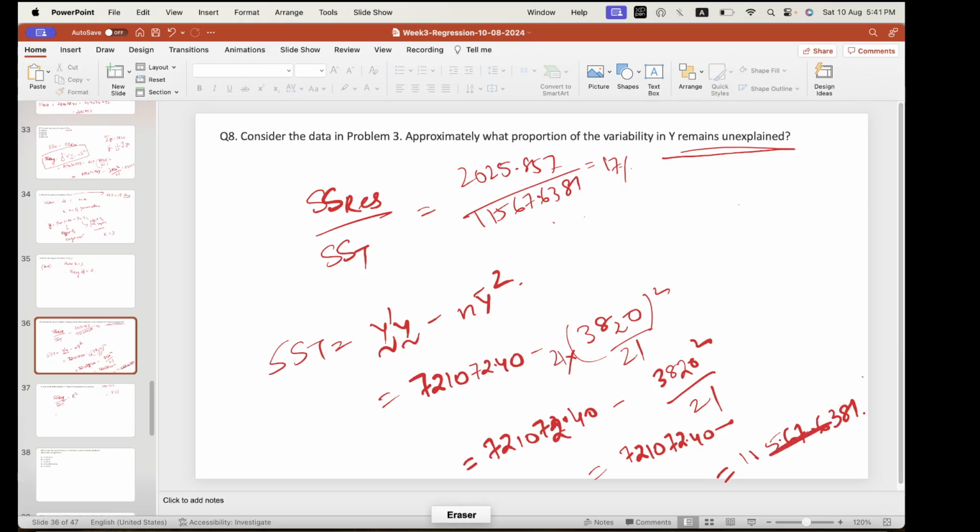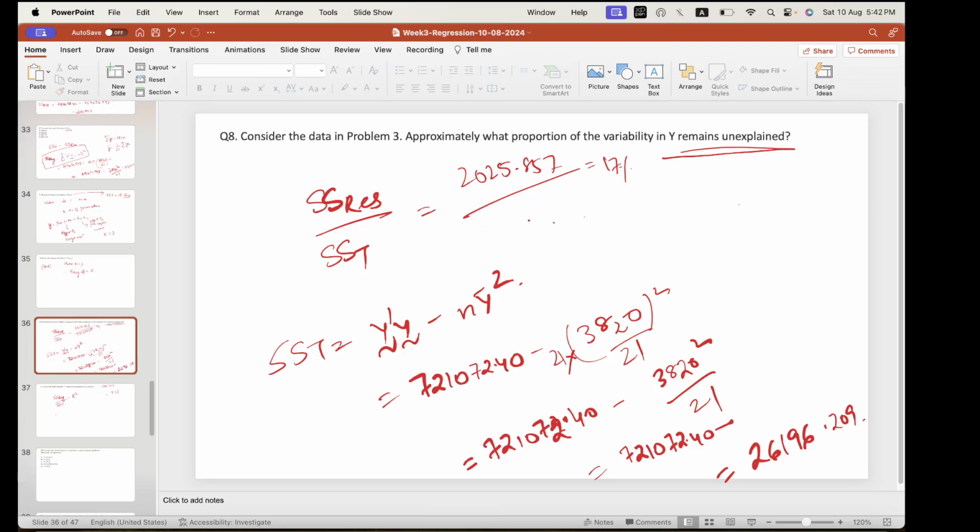This actually is total sum of squares, which is actually 26196.209.